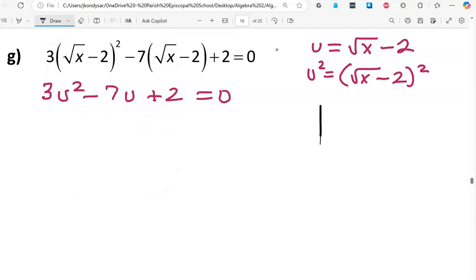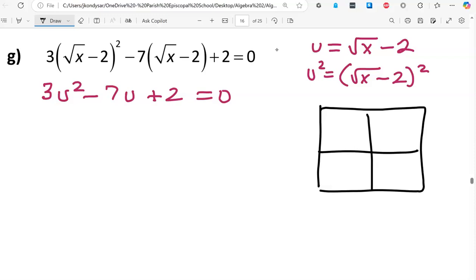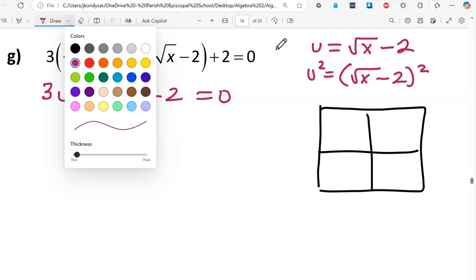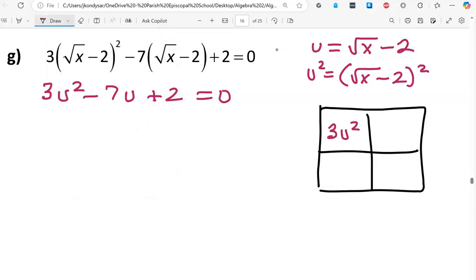I'm going to do it by factoring here in a box using the AC method, since this one is not one of our simpler quadratic expressions to factor, because a is not equal to 1. So I'm going to put our first term, 3u squared, in this upper left box, 2 in the last one. 3 times 2 is 6. Factors of 6 that add to negative 7 are negative 1, so negative 1u, and negative 6, so negative 6u in the other diagonal box.